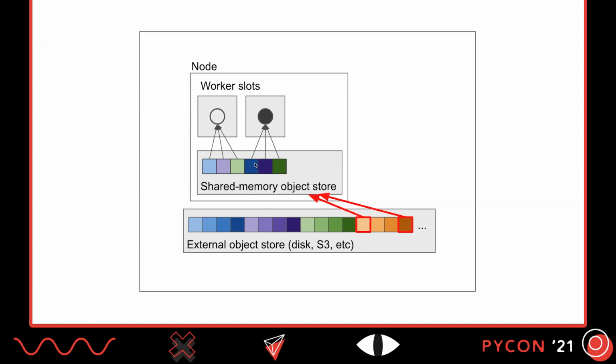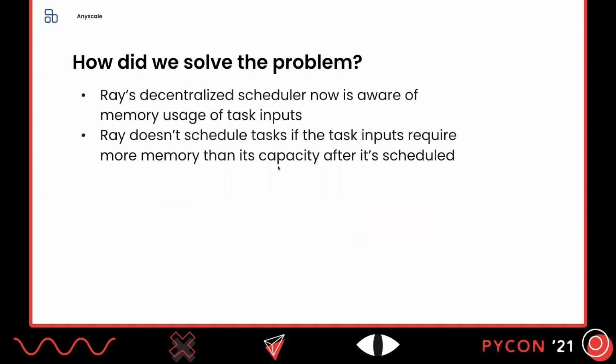So this happens again and again. It spills again, restores again, spills again, restores again, until there happen to be 4 objects for one task available in memory. And that's very inefficient. So how did we solve the problem?